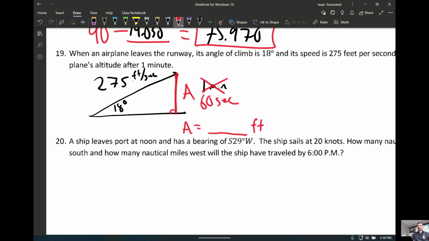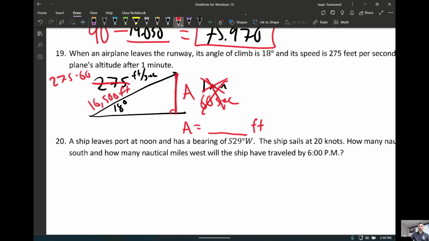So this is where the time comes into play. If you're doing this many feet per second for 60 seconds, then don't think of this as 275. Think of it as 275 feet per second for 60 seconds. This is 16,500 feet.